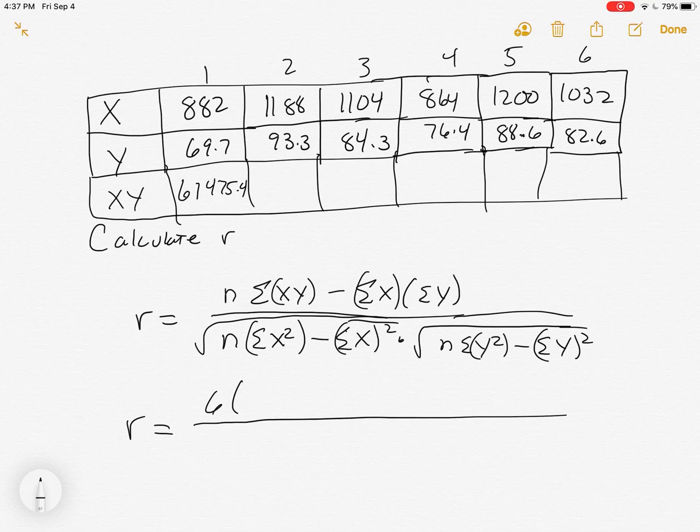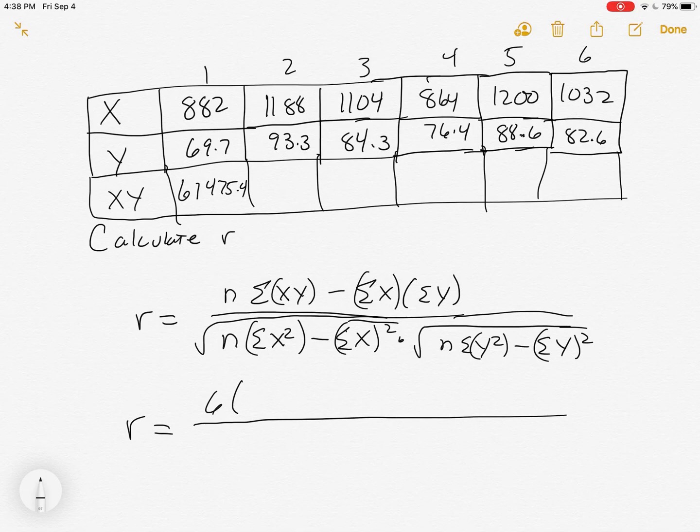Or you could just be very careful and take 882 times 69.7 plus 1188 times 93.3 plus 1104 times 84.3. Just checking your calculator each time. So you're not writing down those individual products. You're just keeping it alive in your calculator.